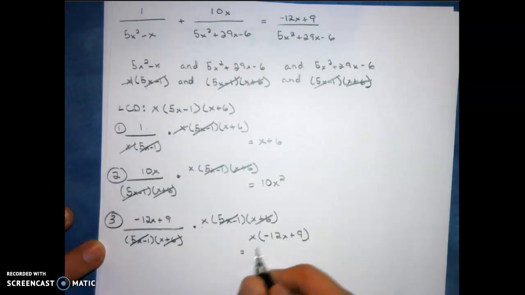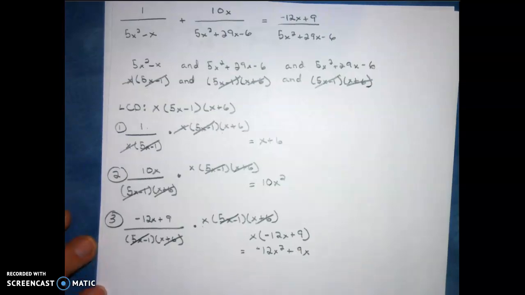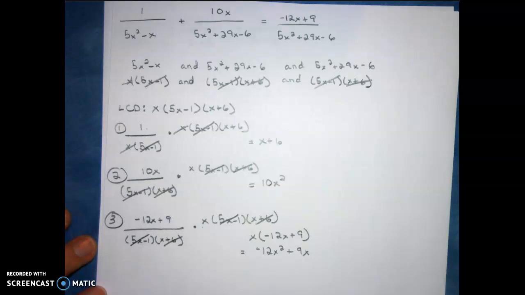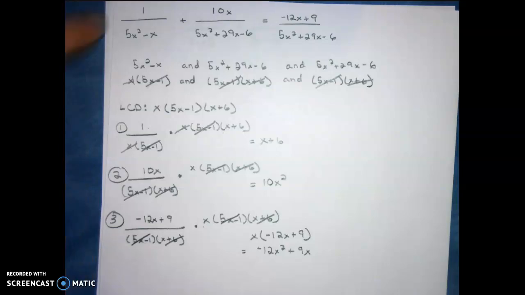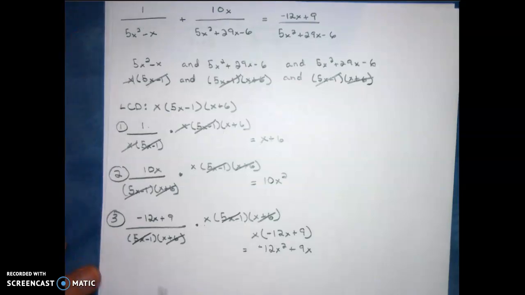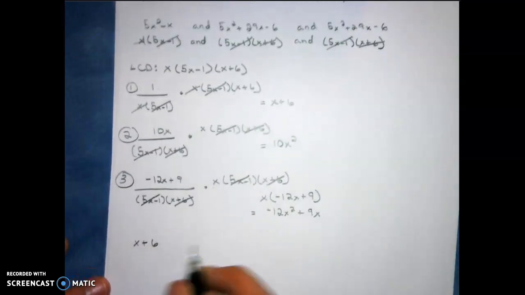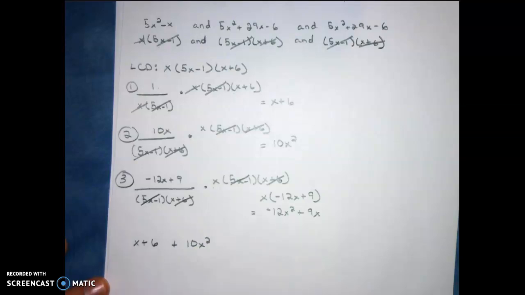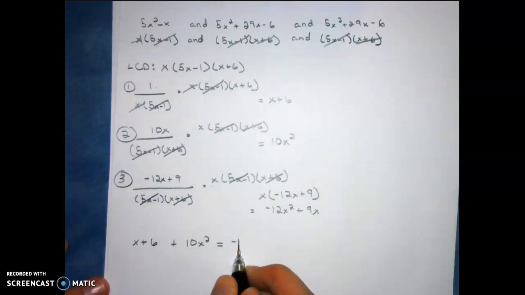Distribute our x in there, and we get negative 12x squared plus 9x. Now that we canceled all of our denominators using the LCD, we plug everything back in and solve. So for the first one, we got x plus 6. For the second one, we have 10x squared. And this is equal to our third one, which we got negative 12x squared plus 9x.